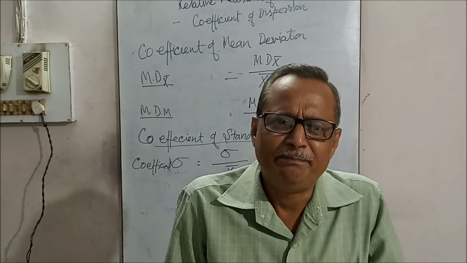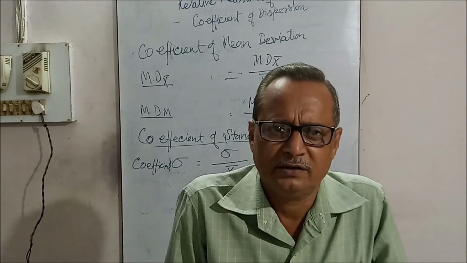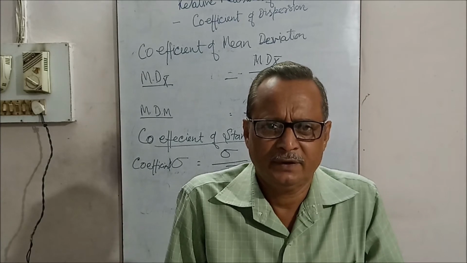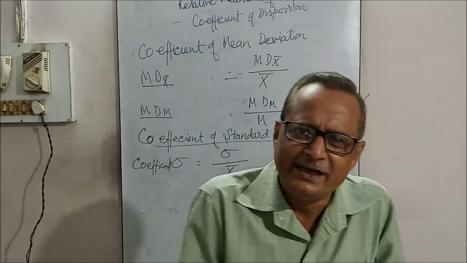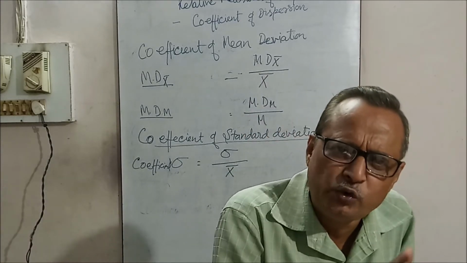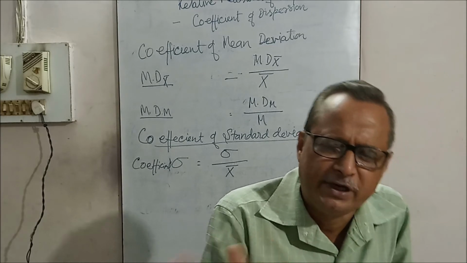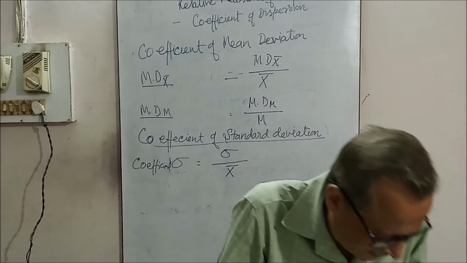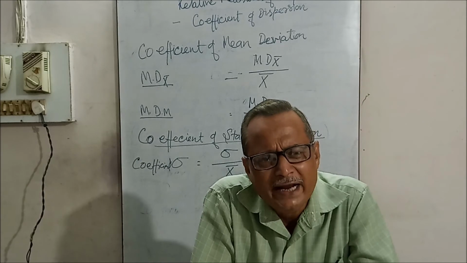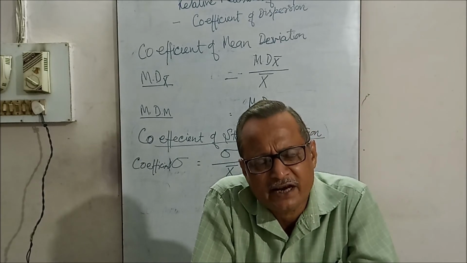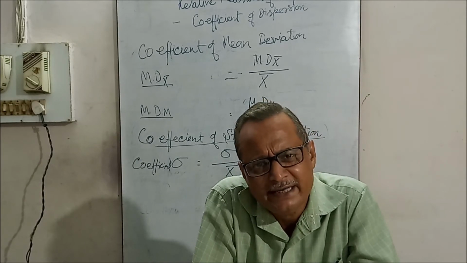But in practice it does not happen. So it is presented on a graph how the income is distributed. This graphical presentation method is called the Lorenz curve.